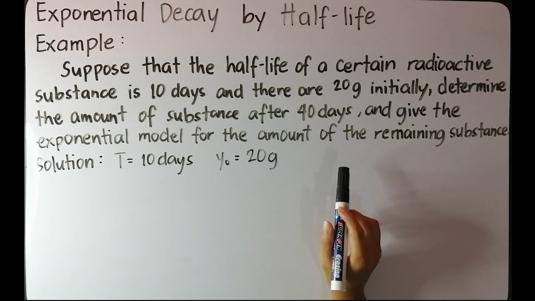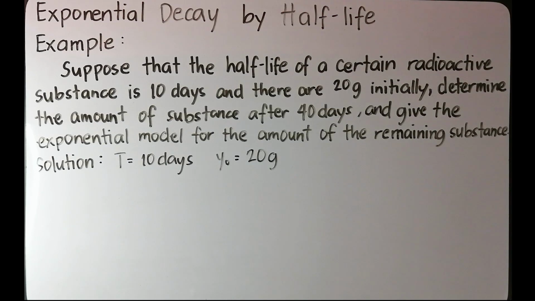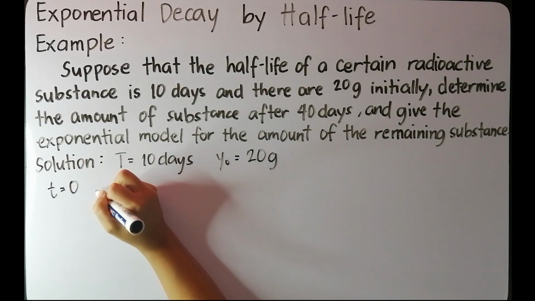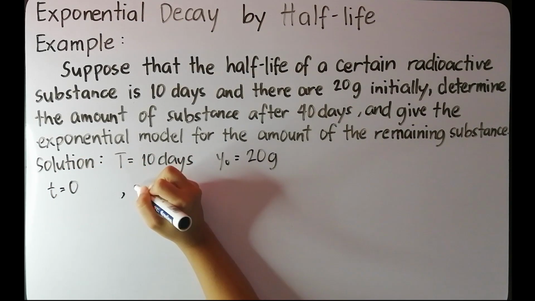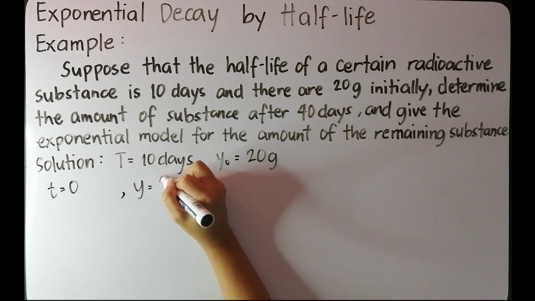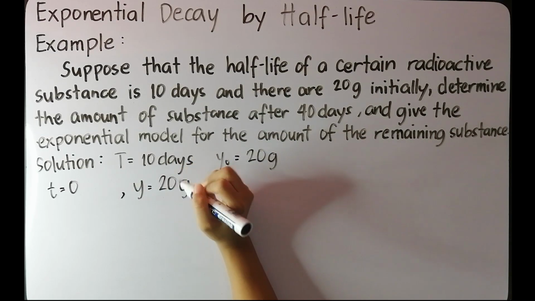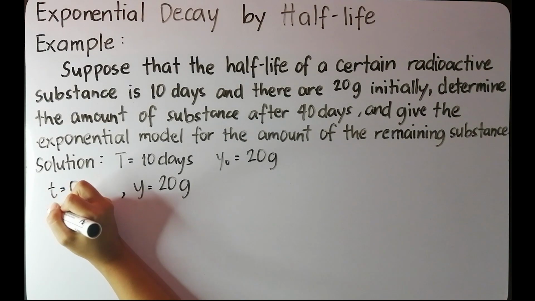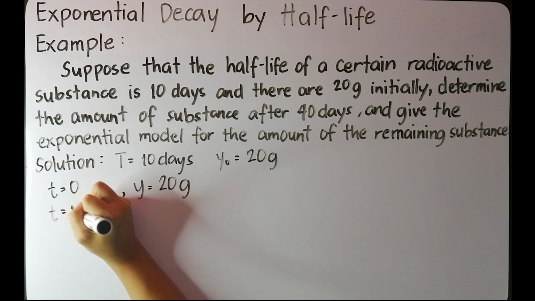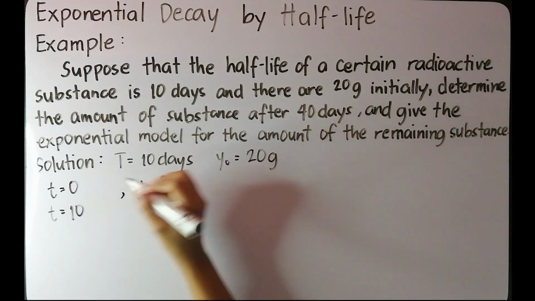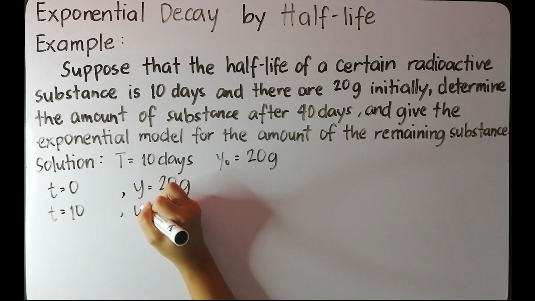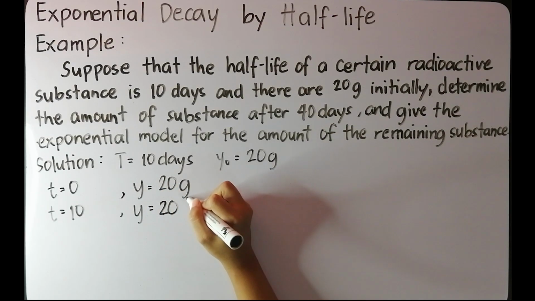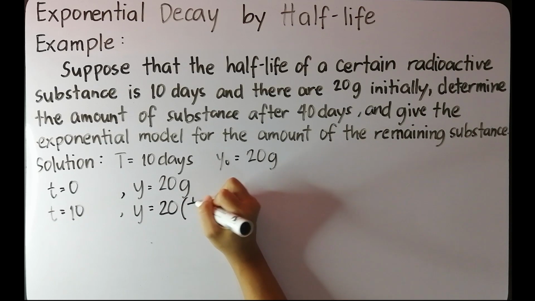So let's try first to get, if t is 0 days, your y is equal to 20 grams. So initially that is just 20. What about if it's 10 days? If your time is 10 days, given that you have a half-life, meaning you are going to multiply your initial value by 1/2.